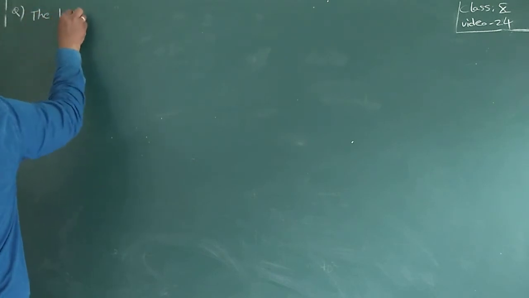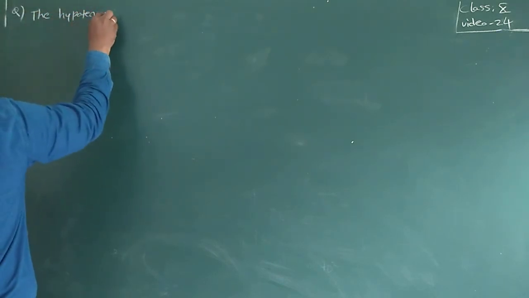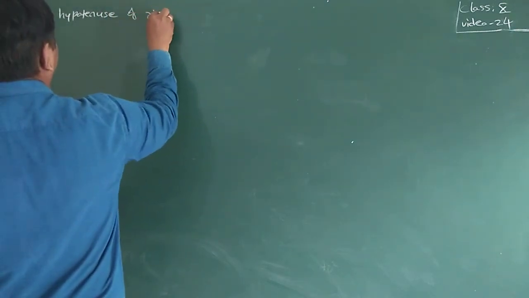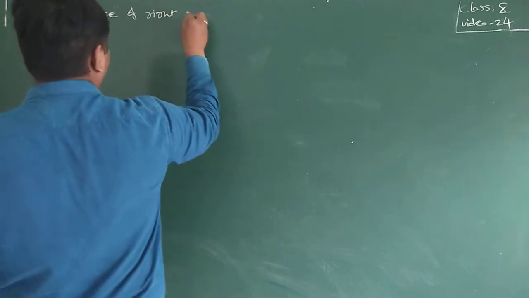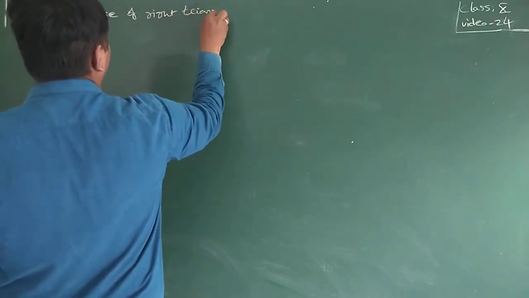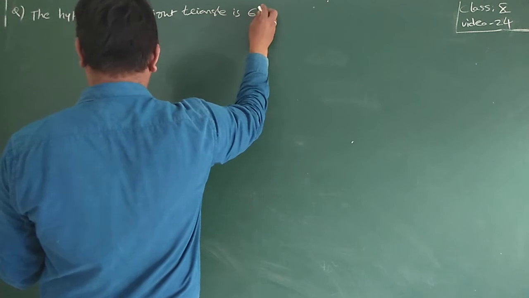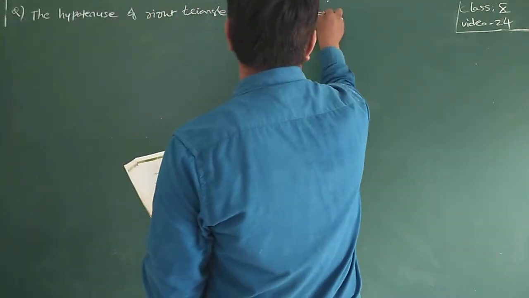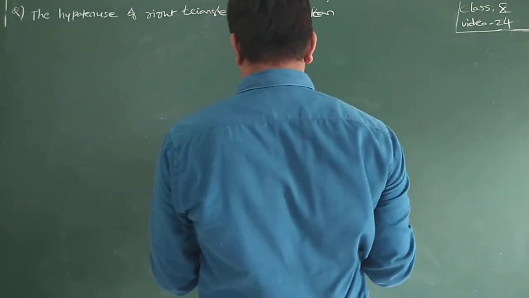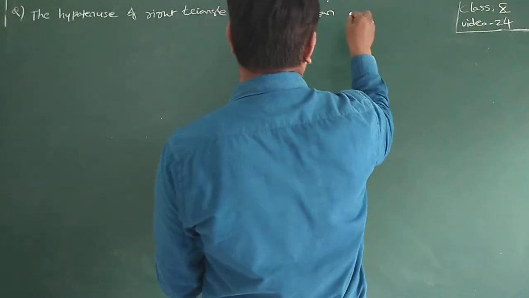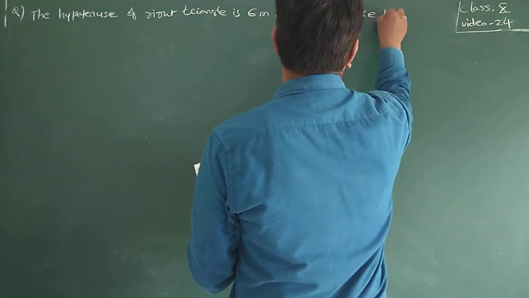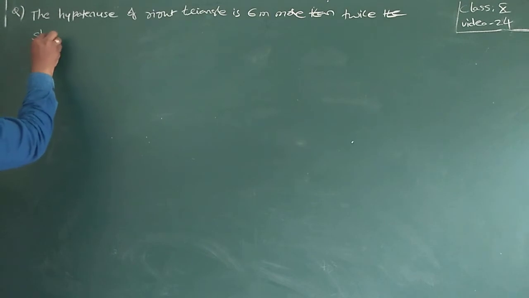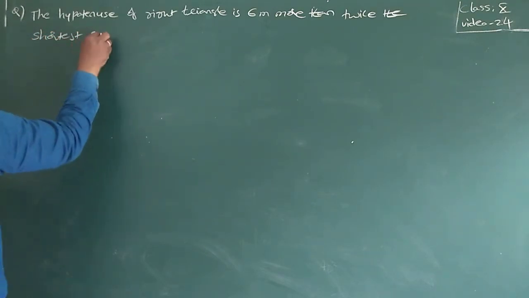The hypotenuse of a right angle triangle is 6 meters more than twice the shortest side.